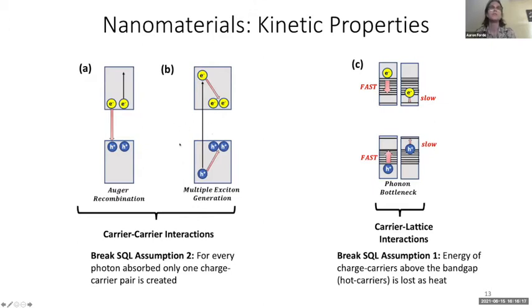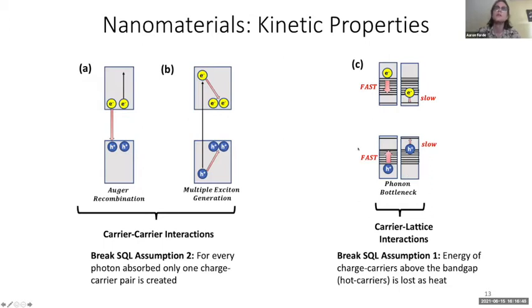So that's just a practical example, but the focus of my dissertation will be more on these carrier lattice interactions shown on the right. One of the main losses in photovoltaics is thermalization, and it's been predicted that in nanomaterials you start to get very large subgaps between electronic states, which are out of resonance from thermal energies.